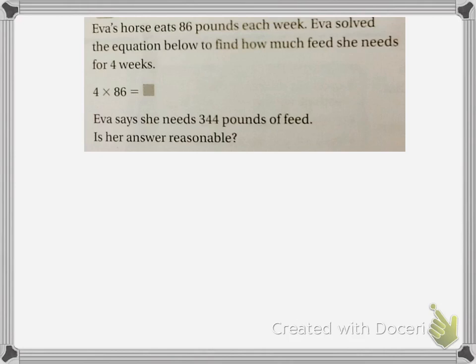Is her answer reasonable? Okay, so how do we determine if her answer is reasonable without actually doing the exact math? We use an estimate. So let's estimate 4 times 86. Again, the greater number is in the tens place, so I am going to round the greater number to the tens place.